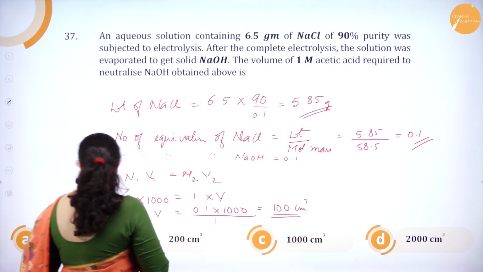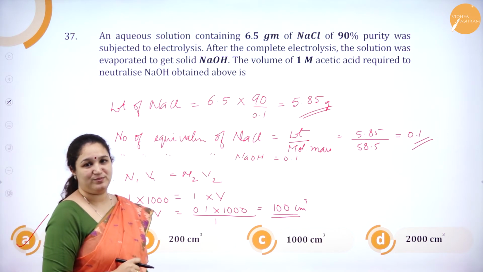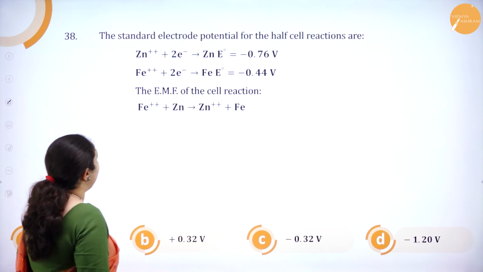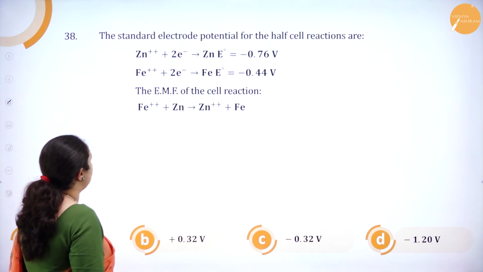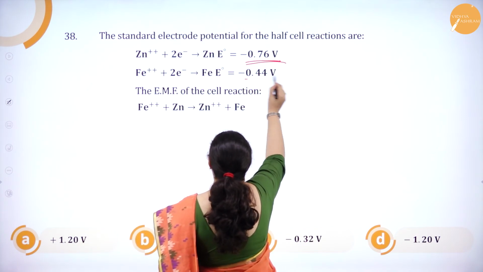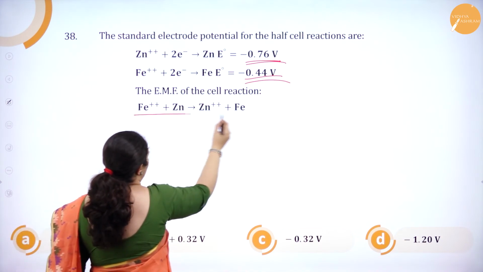So the answer is option A, which is 100 cm cube. We'll go to the next question, 38th one. The standard reduction potentials of zinc and iron are given for the half cell reactions, and the EMF of the cell we need to find out for this reaction.